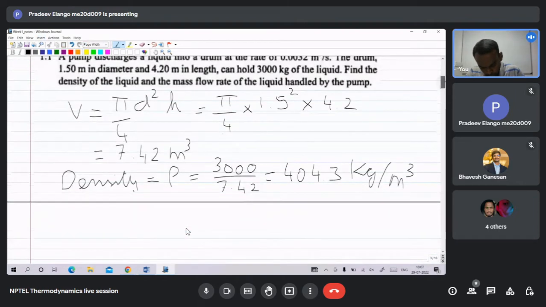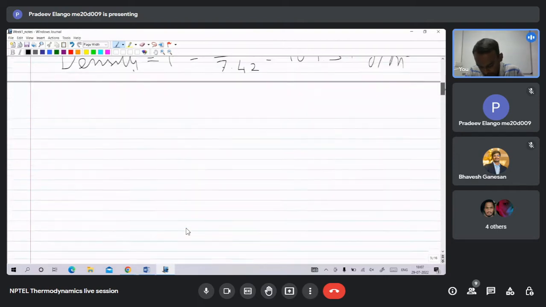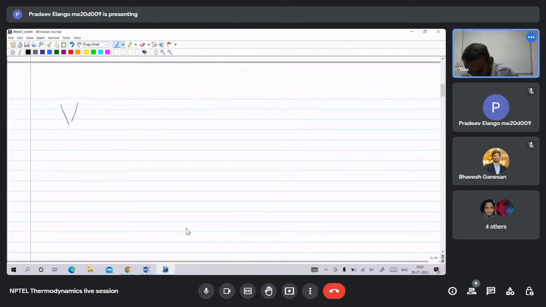So for the mass flow rate, volume flow rate is given by V dot is equal to 0.0032 meter cube per second, and we have density as 404.3. So if you want to calculate m dot, this is given by V dot into rho.